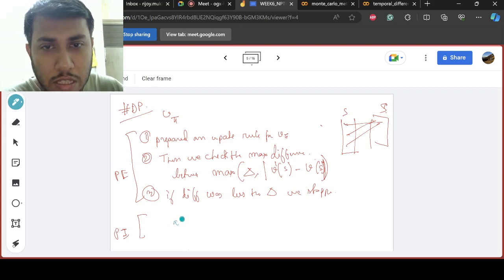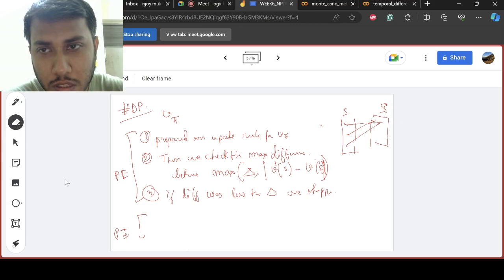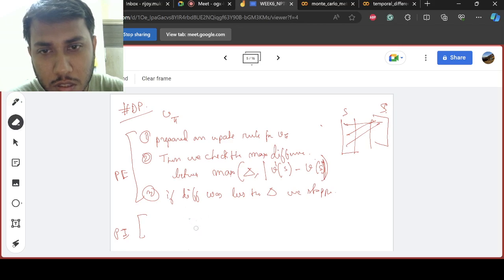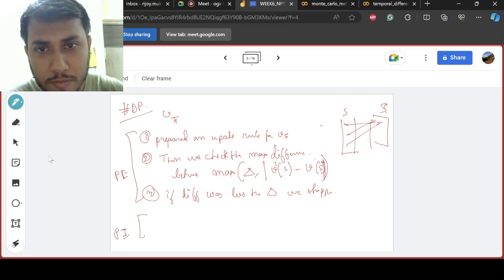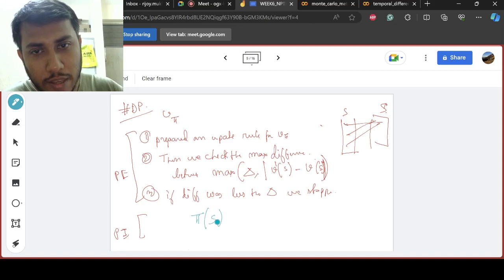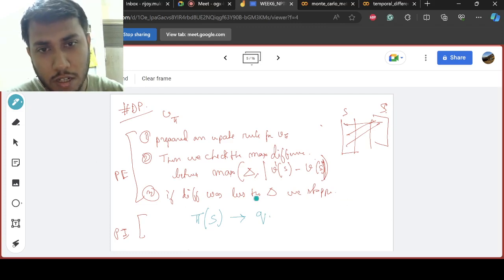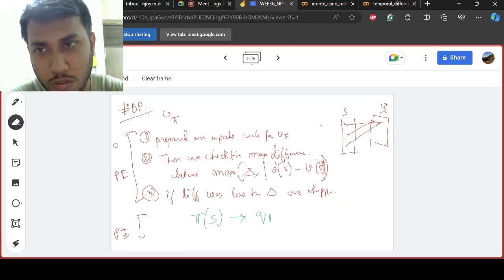Let me use it like this. So pi at S was choosing previously action A1.